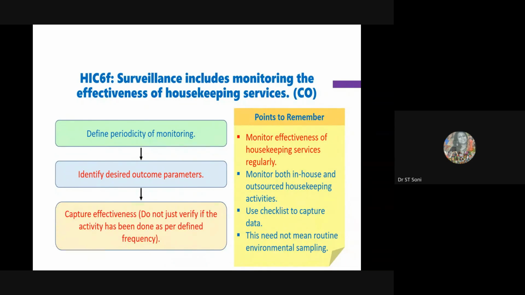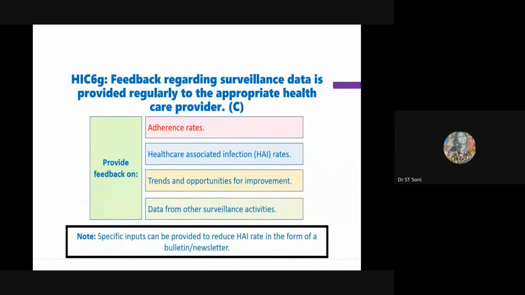If it is generally not clean, we know that the housekeeping activities are not being appropriately done. Feedback regarding this to the appropriate healthcare worker is very, very important, because whatever rates we are calculating, if we don't generate feedback for those who are responsible, they will not come to know what their fallacies are and how they need to improve.